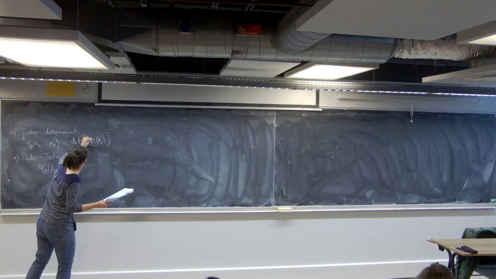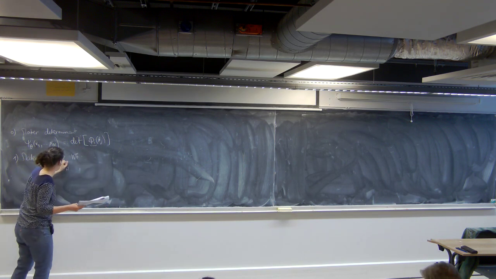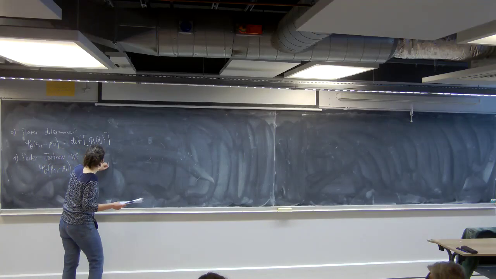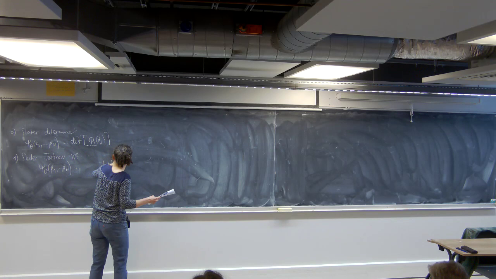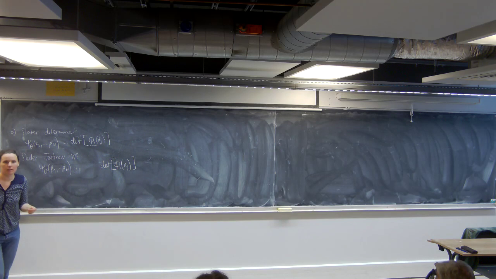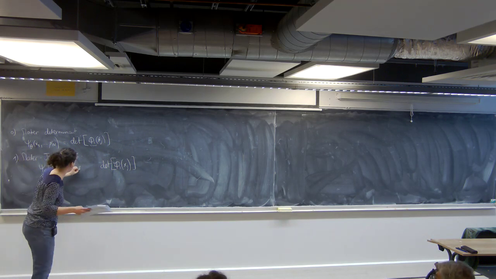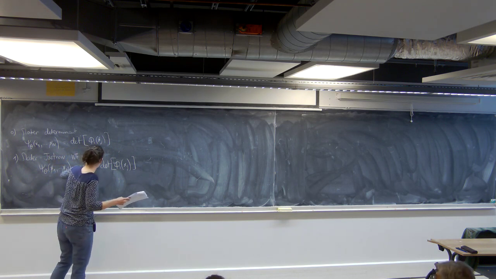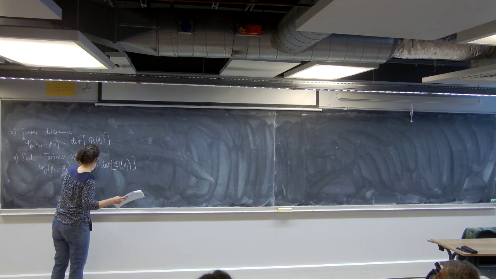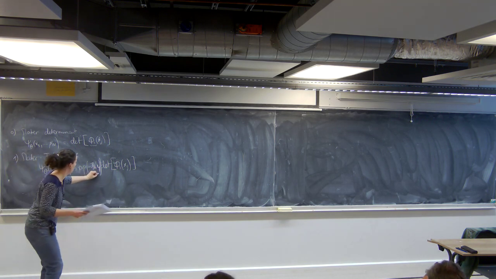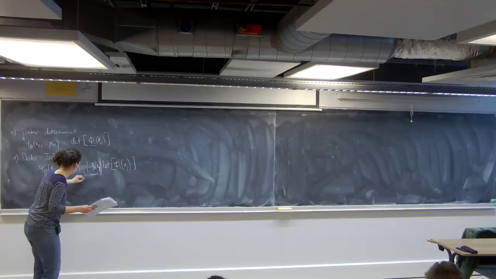So x_1 to x_n, x_j, and this is basically a Slater determinant, determinant of phi_i of x_j, and we multiply by a symmetric function, which is often written as an exponential of g of x_1 to x_n. And this is called the Jastrow factor.